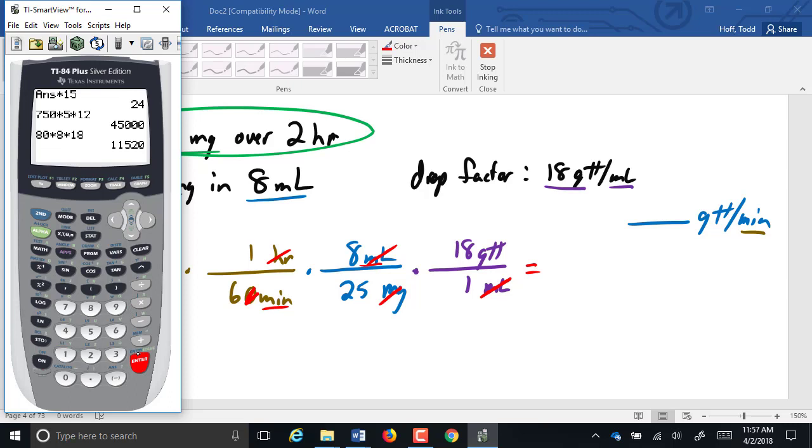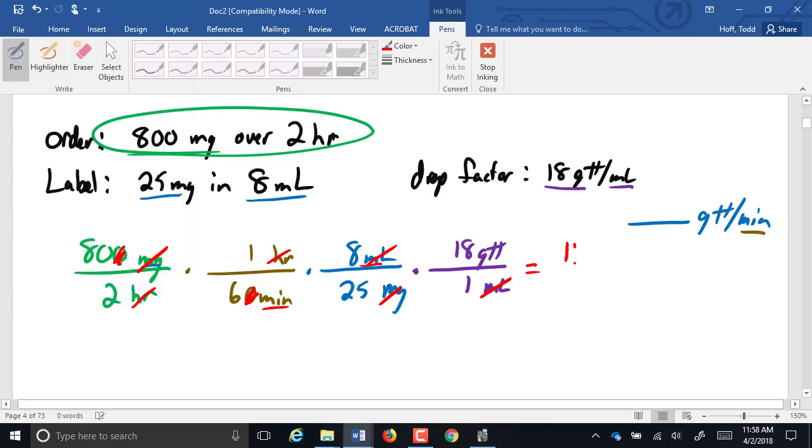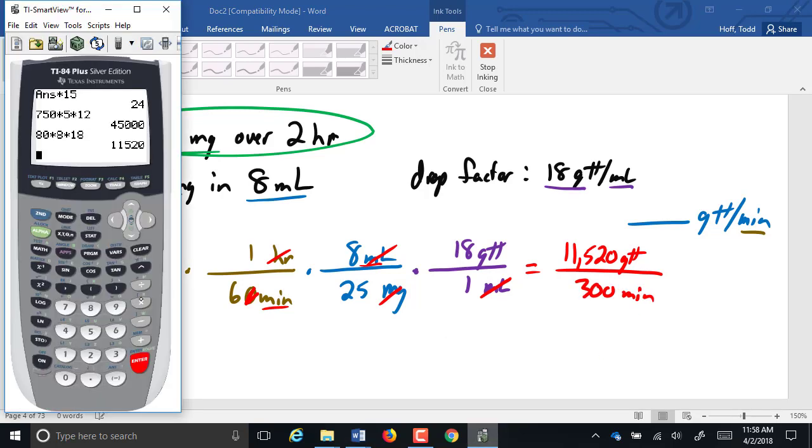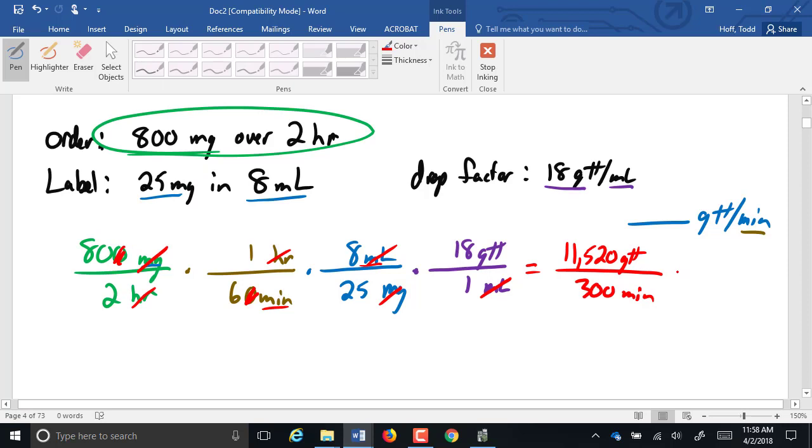We get 11,520 drops. On bottom, we got 2 times 6 times 25. 2 times 6 is 12, times 25 is 300 minutes, giving us 38.4 drops per minute.